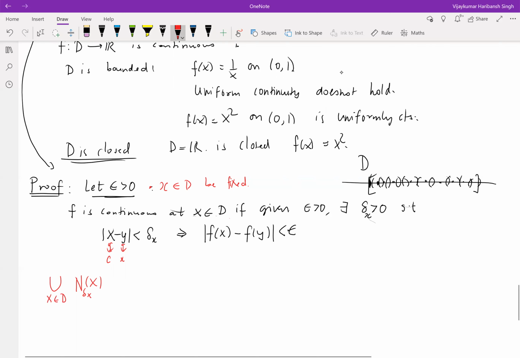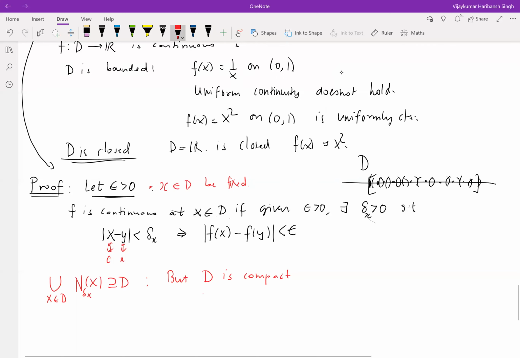So this will clearly cover your D, right? Because essentially at every point you're building an open neighborhood. So this will cover your D, this implies, but D is compact.